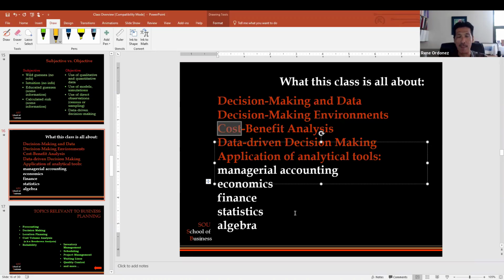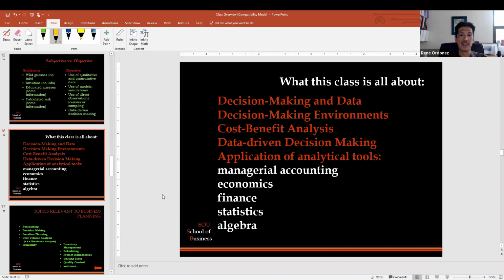It's probabilistic. So you can research the failure rate of a particular product and then use that information to evaluate whether the expected benefit would be higher than the cost. Okay.